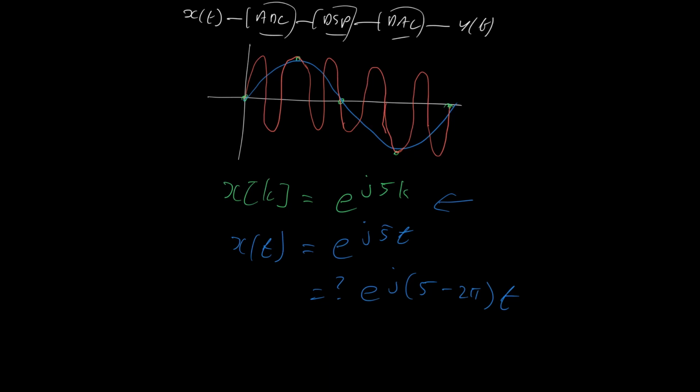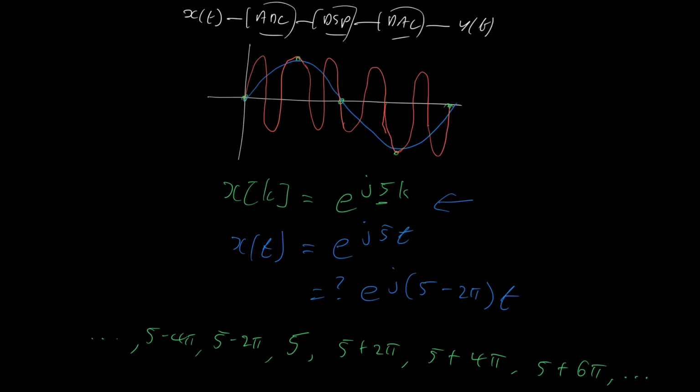By assumption, we can have 5. We somehow observed that this fitted the data. But we can also have 5 plus 2 pi. We can have 5 plus 2 times 2 pi, or 4 pi, and 5 plus 3 times 2 pi, or 6 pi. And in the other direction, we can have 5 minus 2 pi, we can have 5 minus 4 pi, and so forth.